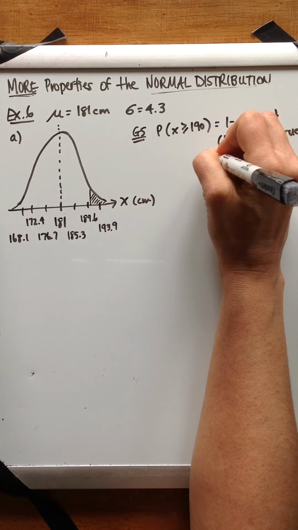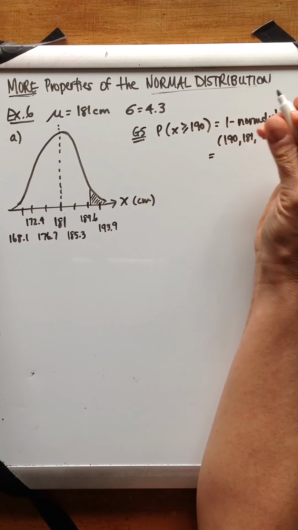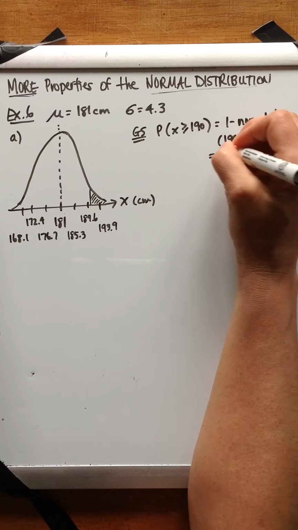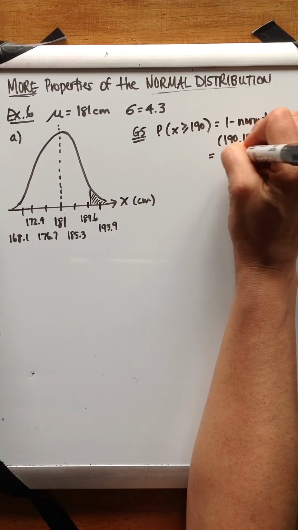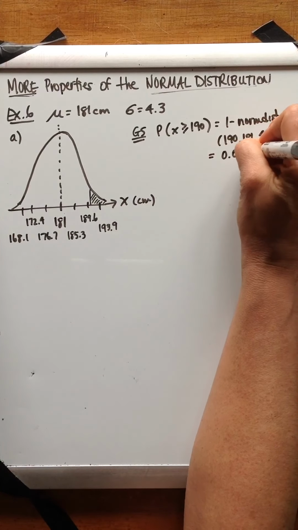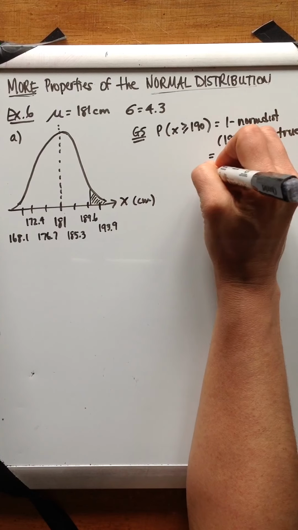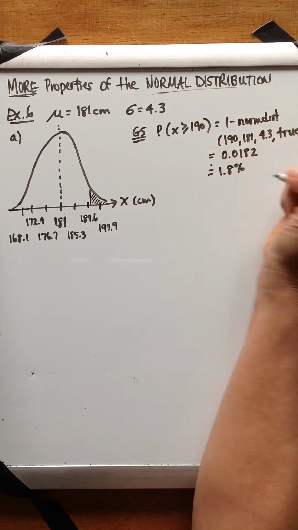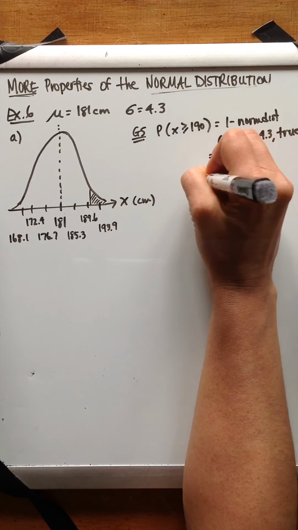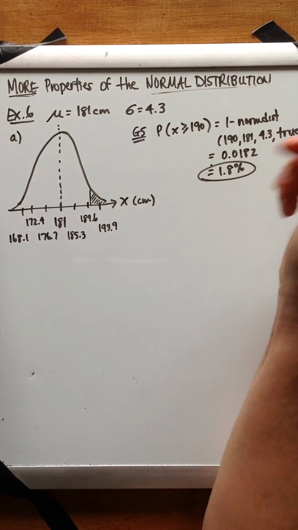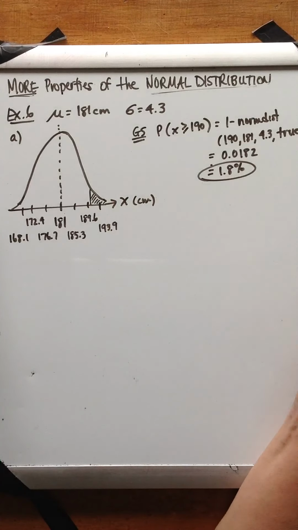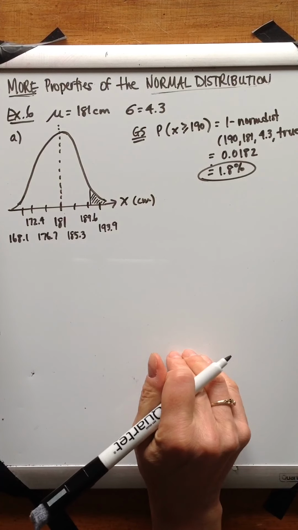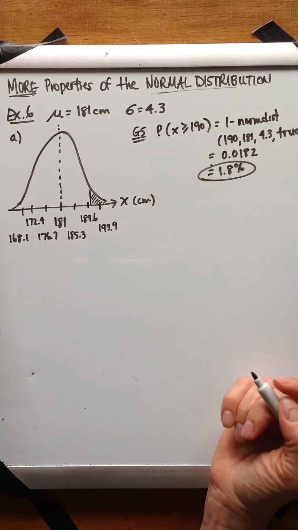Okay, try it. When you hit enter in Google Sheets, in that cell you should see a number that looks like this when rounded to 4 decimal places. If we wanted to make it a percentage, it'd be about 1.8%. Okay, there we go. And we expected it was going to be a small percentage anyway based on the visual we can see for this scenario.